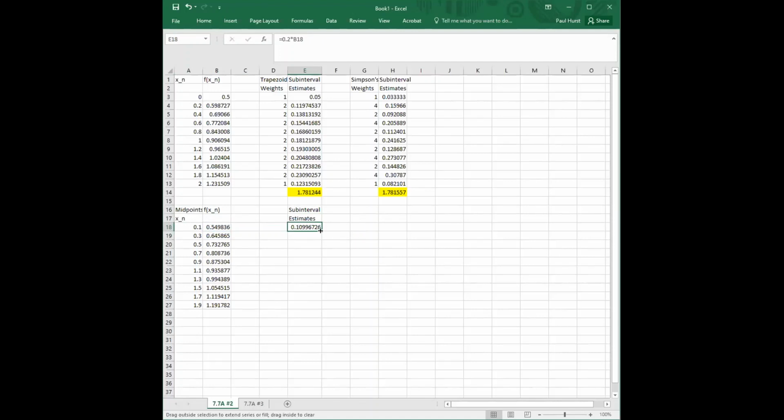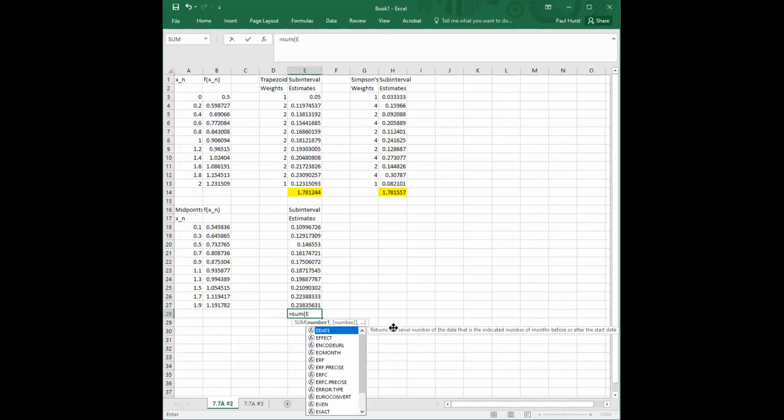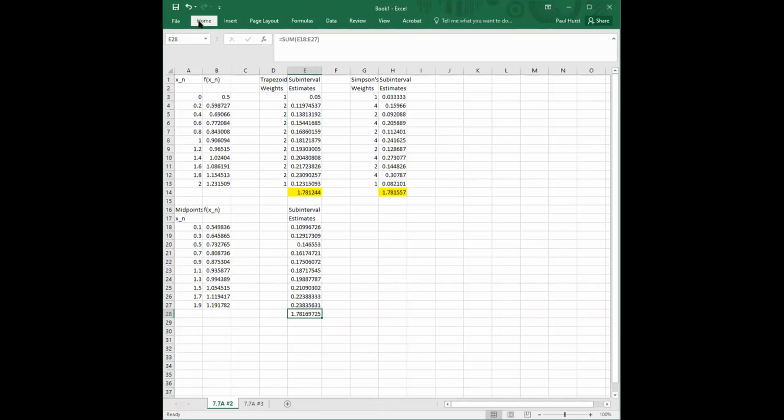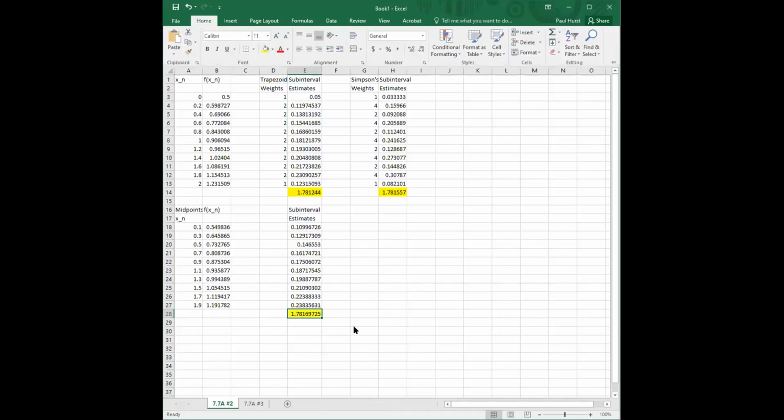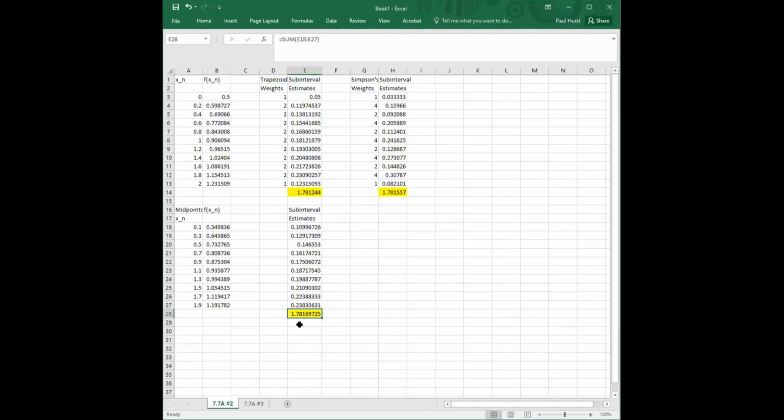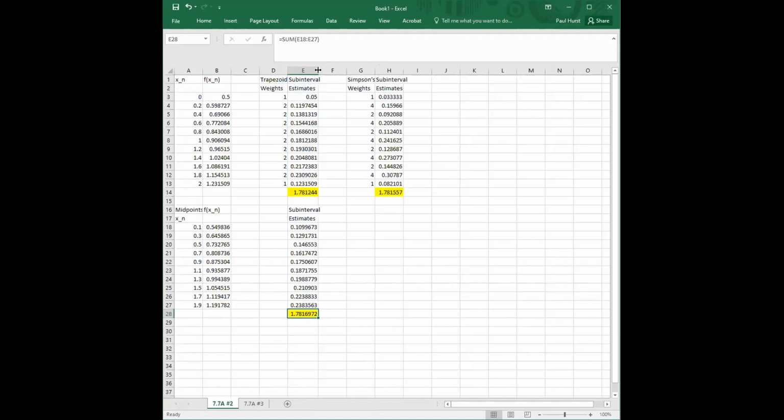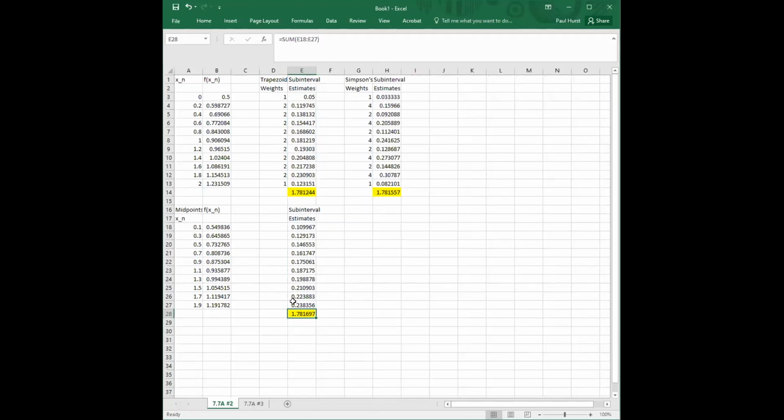Since it's not right next to that cell, I have to drag it down, and I take the sum of those, E18 through E27. Okay, and then that's the answer for the midpoint. Except you want to round it off to 6 decimal places. I guess I can do that by just bringing this over here. There we go.